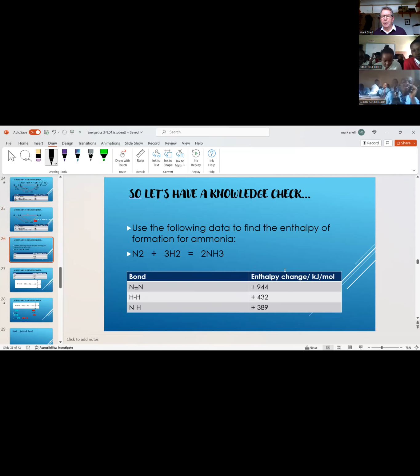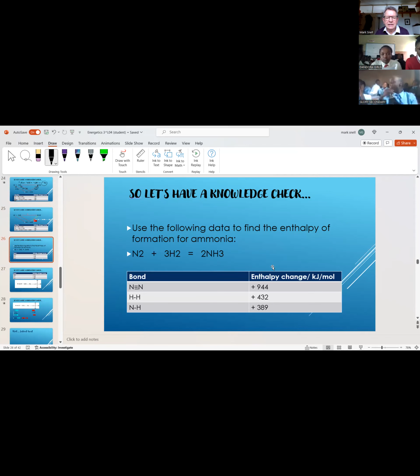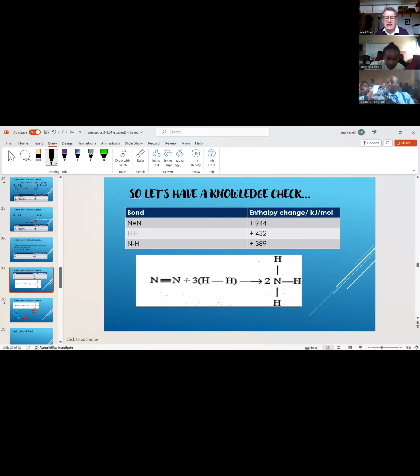Here is another bond energy chat. Have a go. Here is the equation: N2 plus 3H2 goes to 2NH3. This is what it looks like. I'll give you a moment to calculate that. Remember, endo, exo.